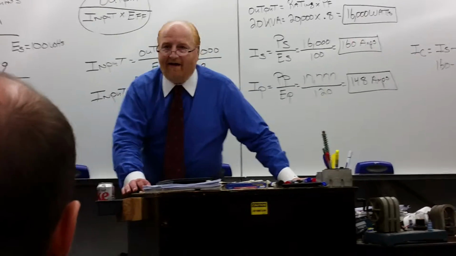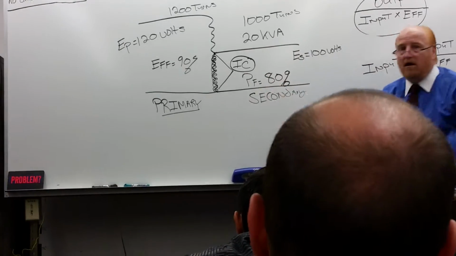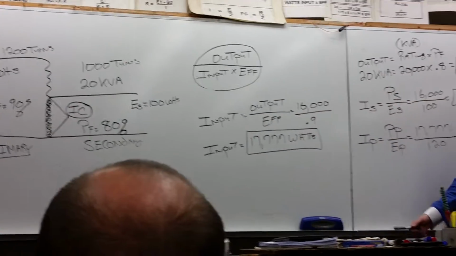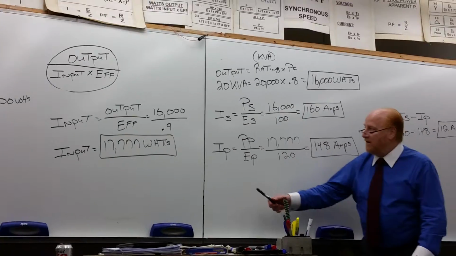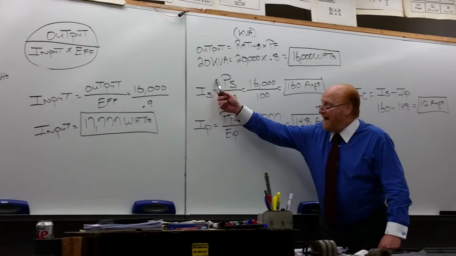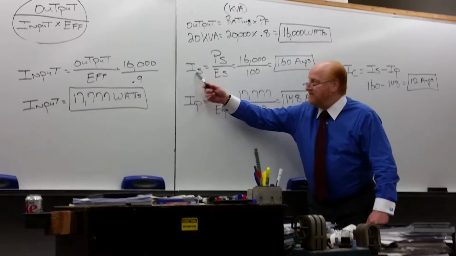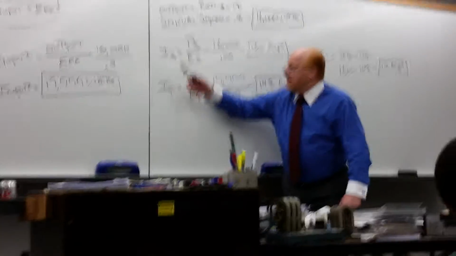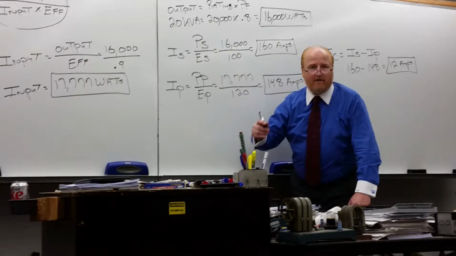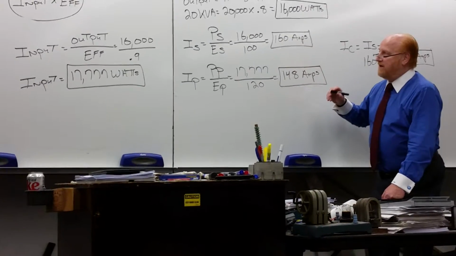I have a voltage, I have a power, I can find the current. Simple formula: current equals the power over the voltage. In this case, the current in the secondary equals the power of the secondary over the voltage of the secondary. We calculate it, we find the right answer.